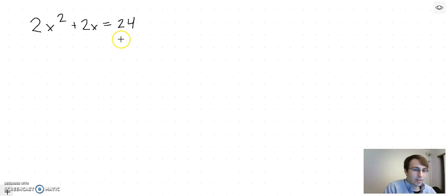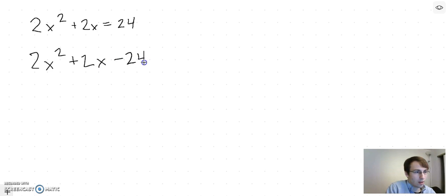So if we want to set this up first, we've got to set one side equal to 0. So let's subtract 24 from both sides. 2x squared plus 2x minus 24 equals 0.